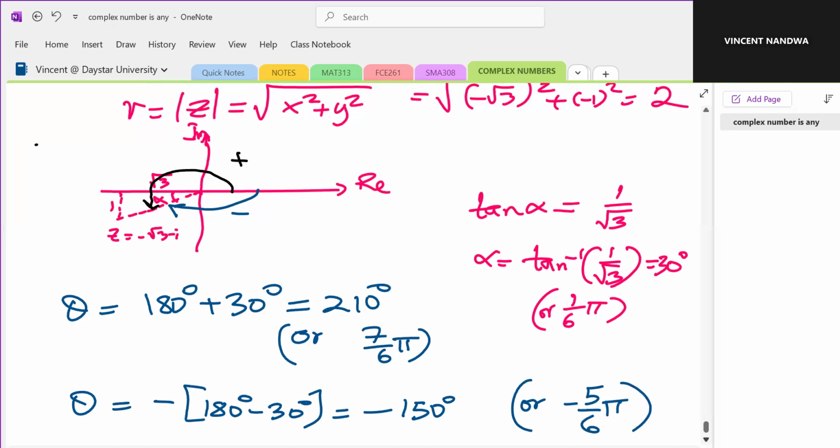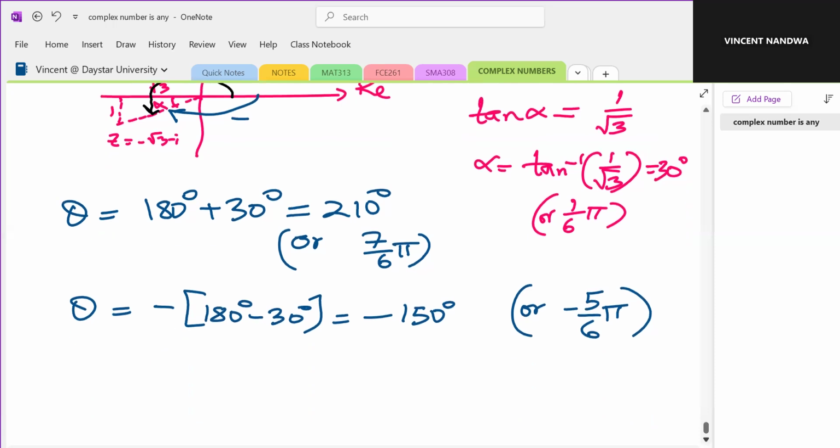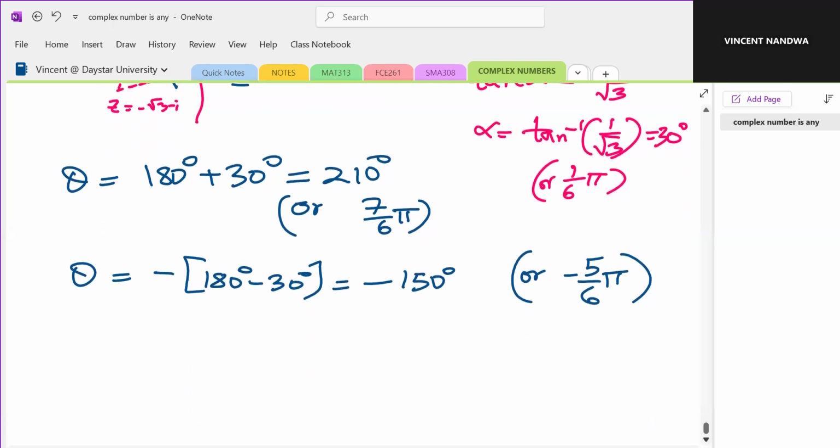So remember, whether you pick 210 degrees or minus 150 degrees, all of them are correct values, because when you define the tangents of those two angles, you get exactly the same thing. So you can either decide to restrict yourself in the positive direction, or you can decide to restrict yourself for alignment. All of them will be correct.